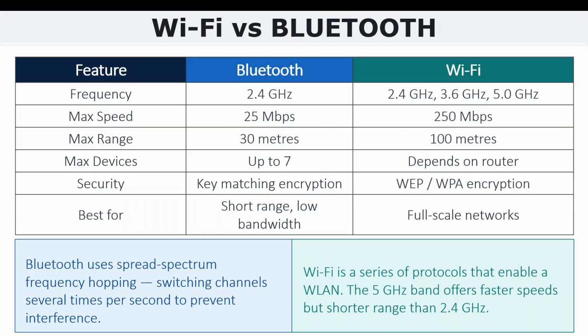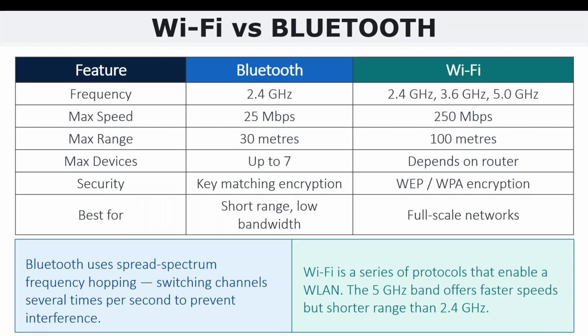On the other hand, if you want to consider short range and long range, Bluetooth is mostly used for short range and low bandwidth, whilst Wi-Fi would do a full scale network.